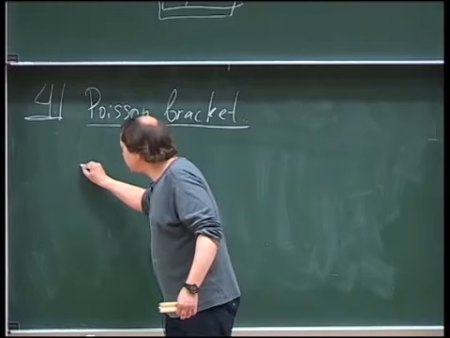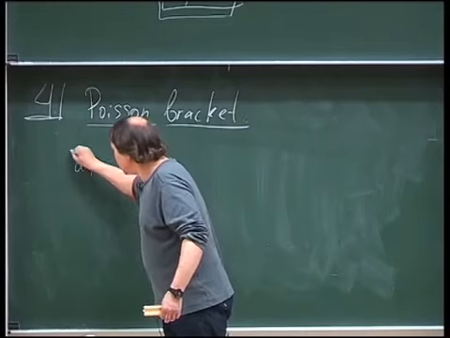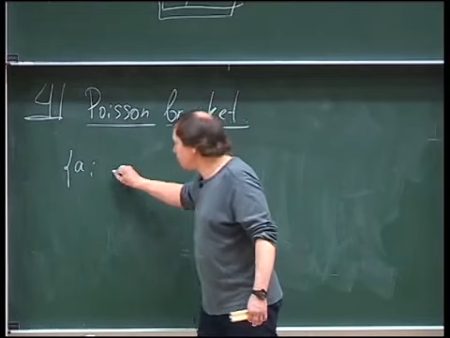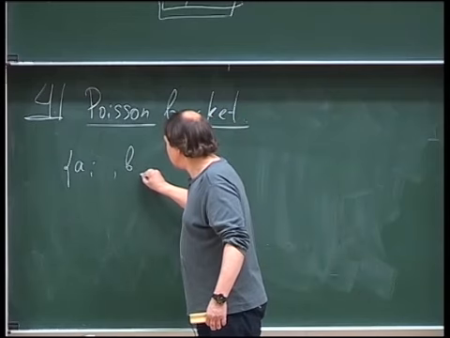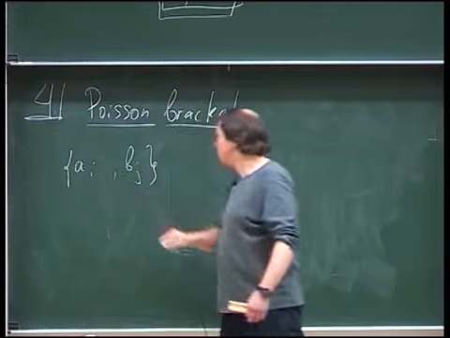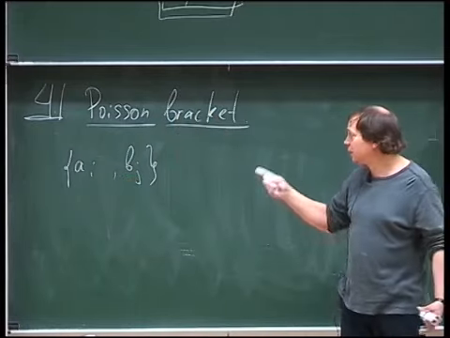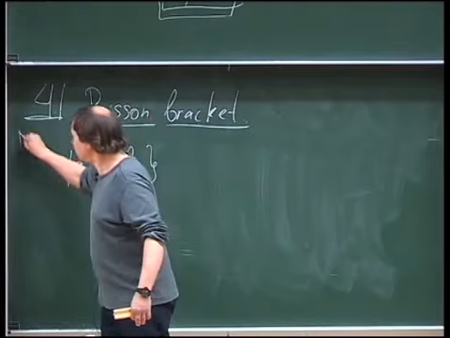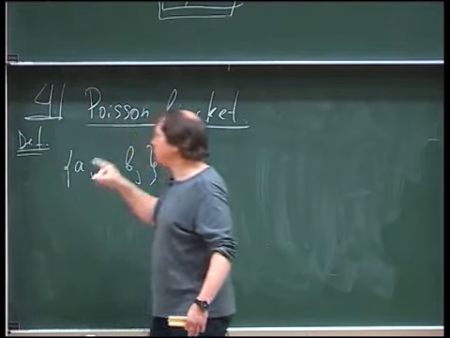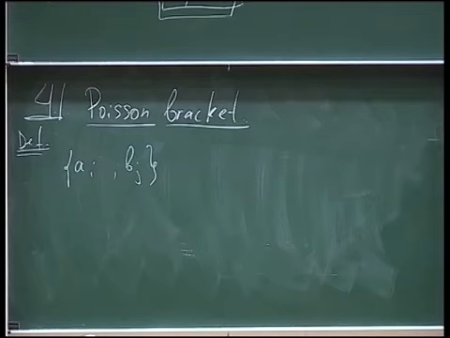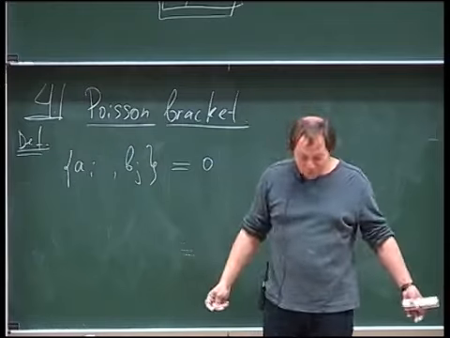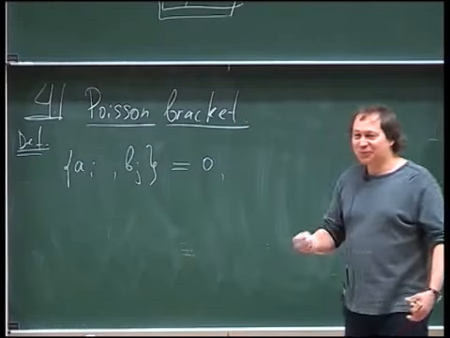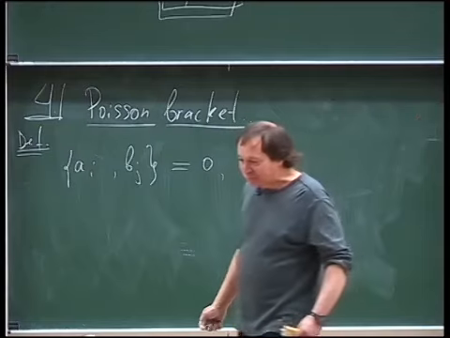So it is sufficient to say what the bracket between all a's and all b's is. First, let us take a and b. This is a definition. First I give the definition, then I prove or announce some result about it. Well, so here we get 0. So it's already a good way to start.